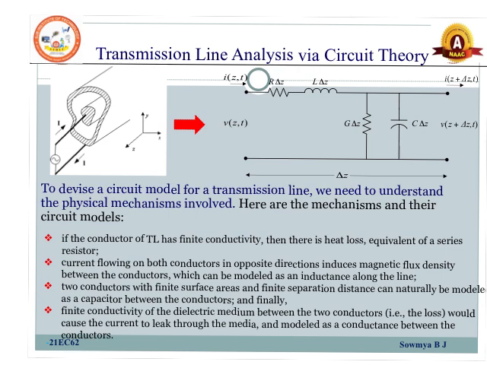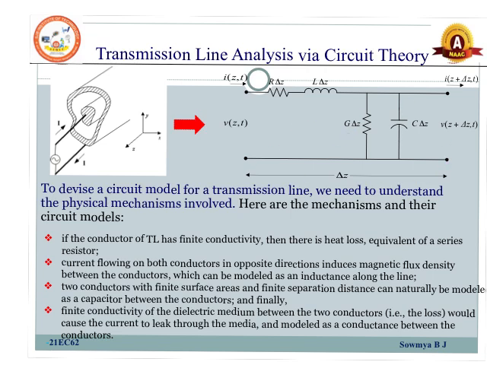Since there is a dielectric medium between the two conductors with finite conductivity, the current will leak through this medium, and that is modeled as a conductance between the conductors, represented as G into delta Z. So in order to get the circuit model, first we need to analyze the mechanisms involved, and finally we arrive at the circuit.